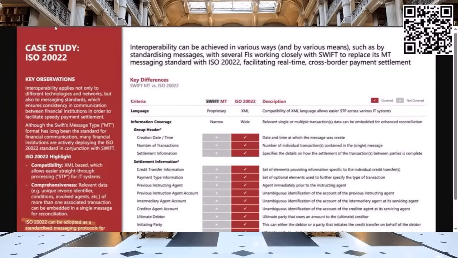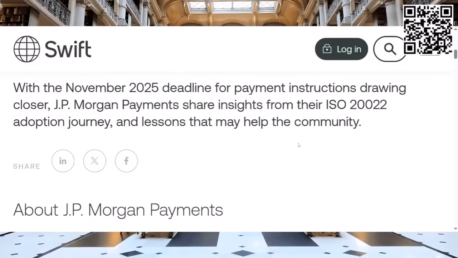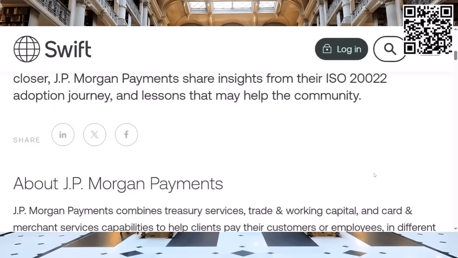As we jump more into it, we said there's an update from SWIFT. In the update from SWIFT.com, it says, with the November 2025 deadline for payment instructions drawing closer, JPMorgan Payments share insights from their ISO 20022 adoption journey and lessons that may help the community.